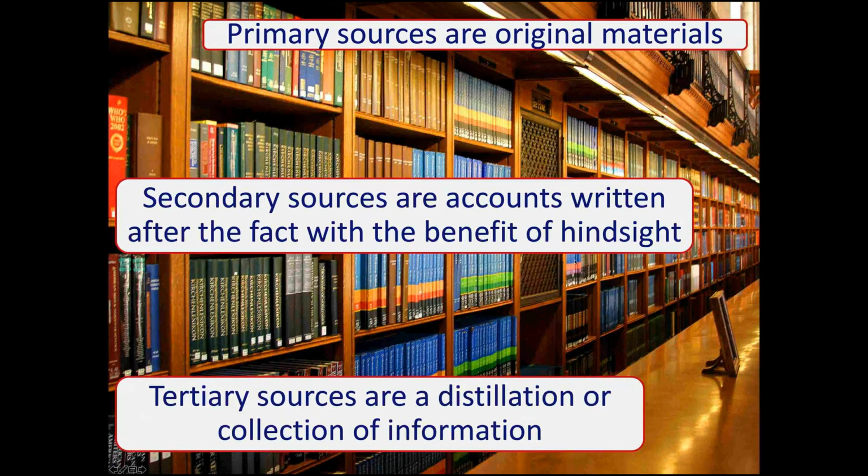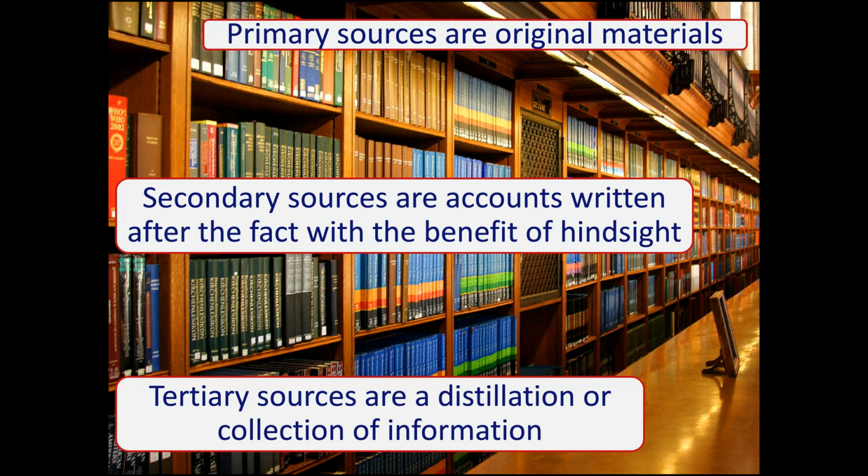So now that you're aware there are different types of sources from which you collect data: primary are original sources, anything that you can touch, feel, something which has been done by you directly, or narrated by you directly, or you have access to that material directly in terms of original materials. That is primary. Secondary sources are those from which you will generally see an account of information written with the benefit of hindsight.